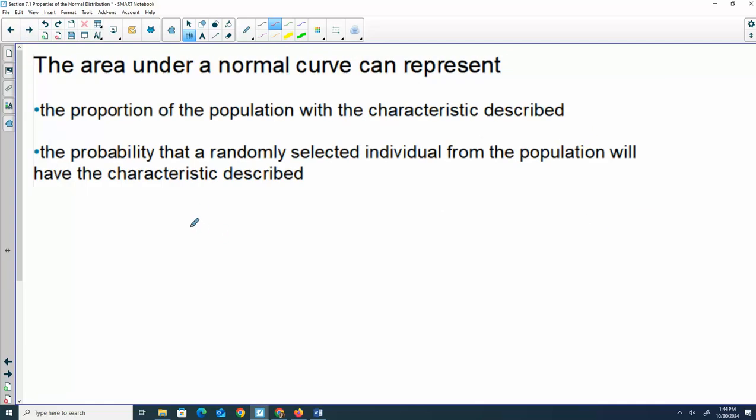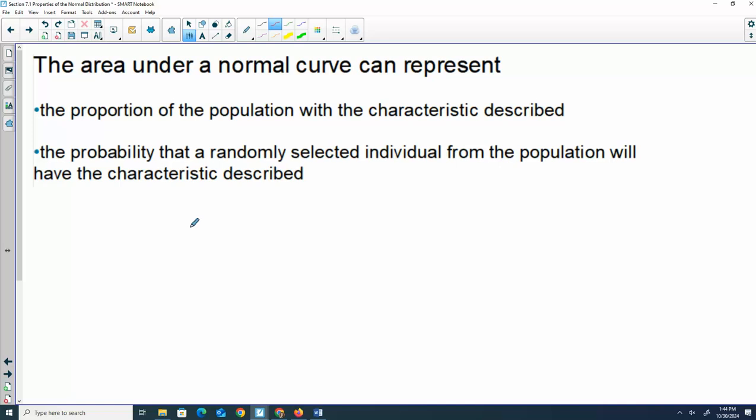Interpretations: when we are talking about a normal curve, the area under the curve can be interpreted a couple different ways. We could say it's the proportion of the population with a certain characteristic, or the probability that a random individual will have the characteristic. For instance, if I were talking about the probability of blue eyes, and I said it's 0.45.